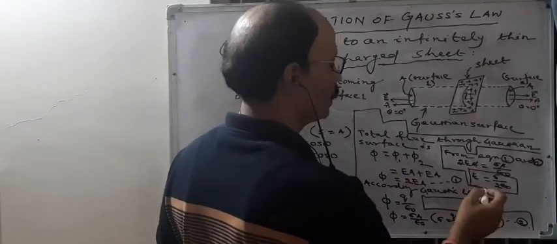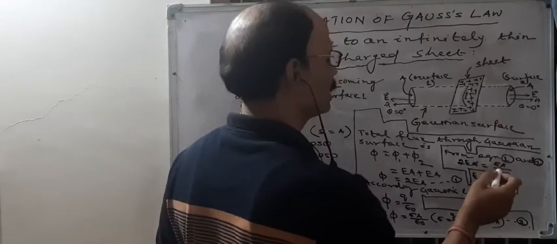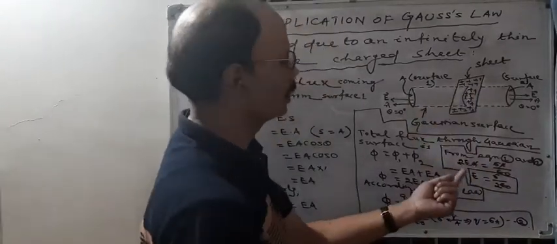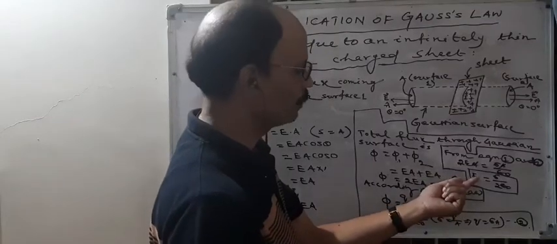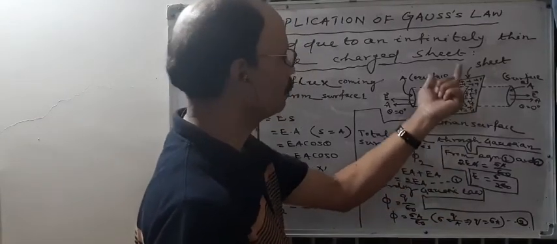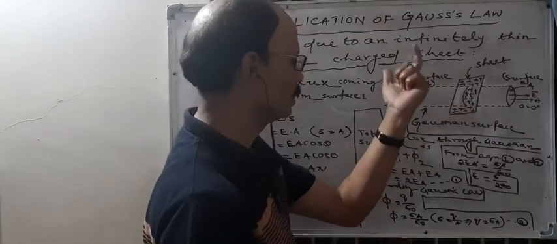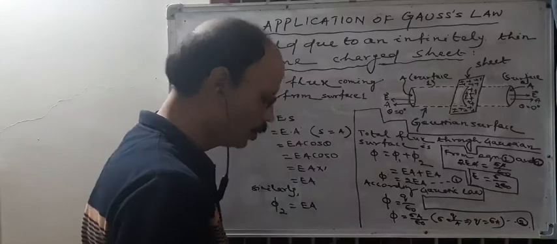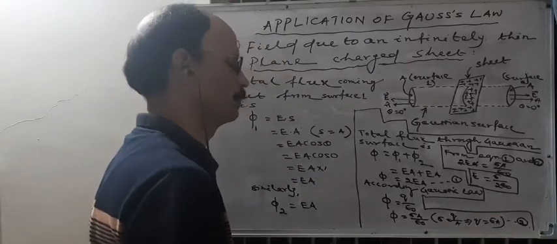It depends on the charge density, that is, its surface charge density. So this is the total electric field due to a thin plane charged sheet, that is E equal to sigma upon 2 epsilon naught. Okay.